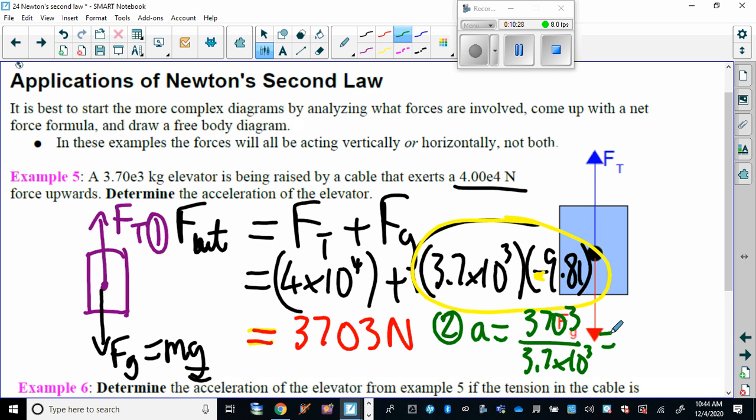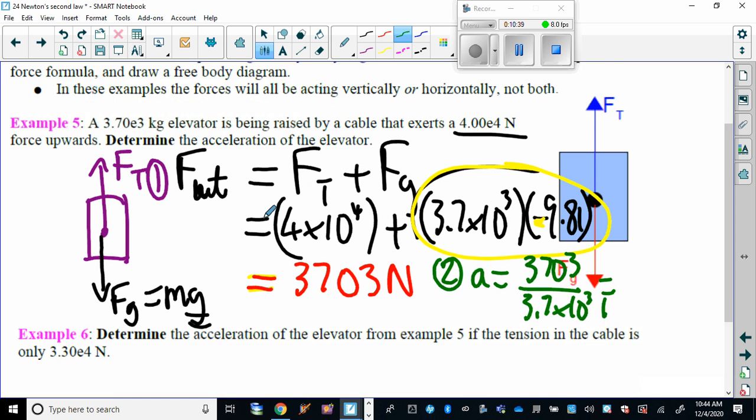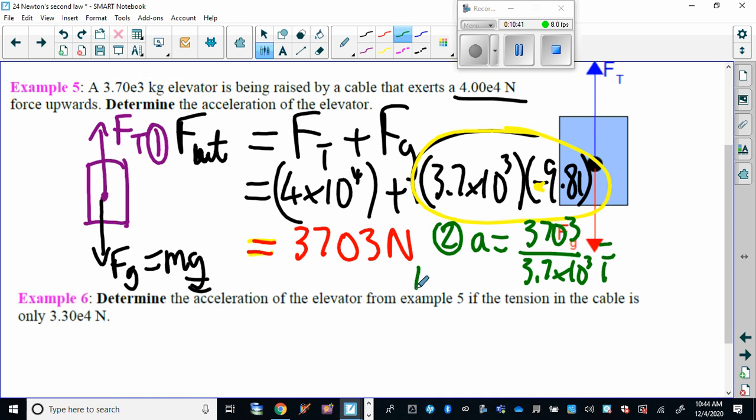So just 1.0. Now, the answer is right here: 1.0 meters per second squared.